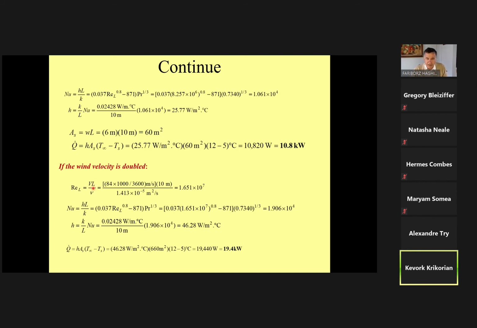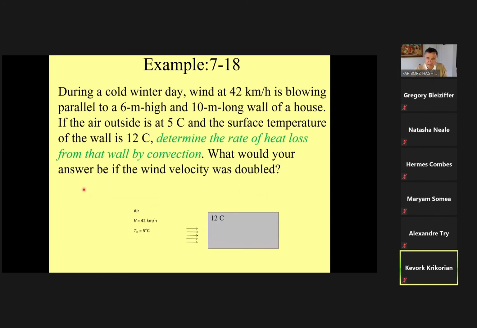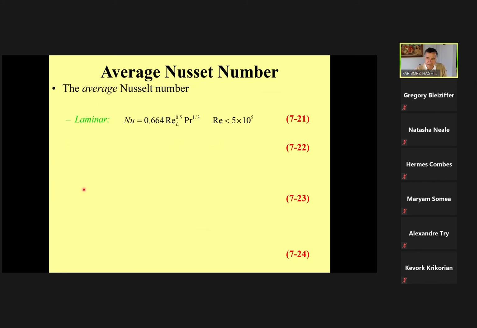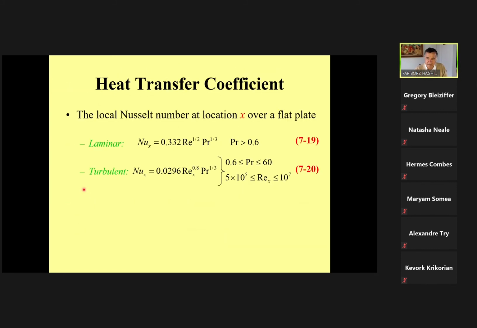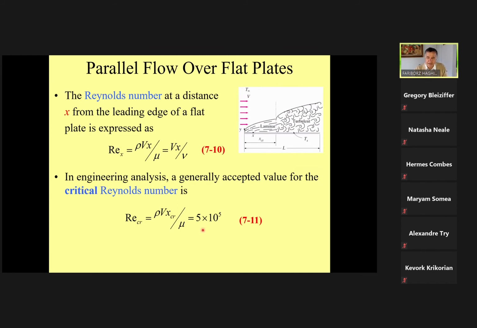It's 500,000. Oh, okay, sorry, my bad. Let me go back. This is the equation that we're looking for. This is 500,000. You have the kinematic viscosity, divided by the velocity.